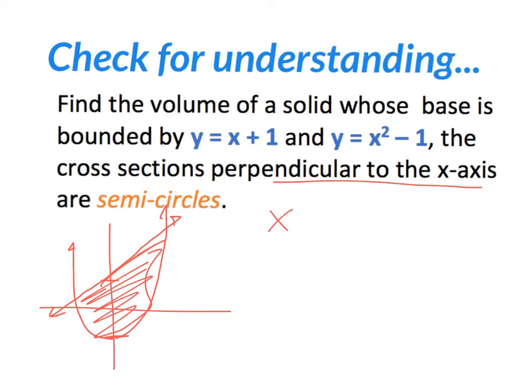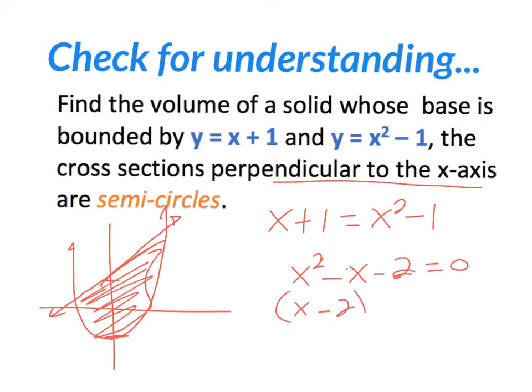And so if I set those two equations equal to each other, it's a quadratic function, so if I move everything to the right side, looks like I'd subtract x and then subtract 1. So it'd be -2, and that is factorable. That factors into x minus 2, x plus 1. So where they meet are, looks like at x equals -1 and x equals +2. And so -1, +2, those are my bounds.